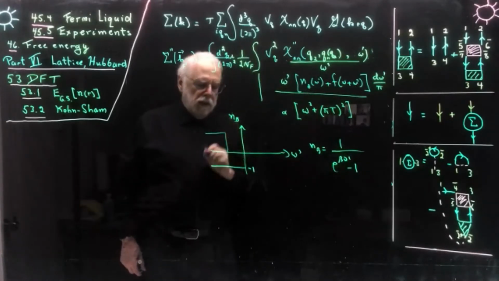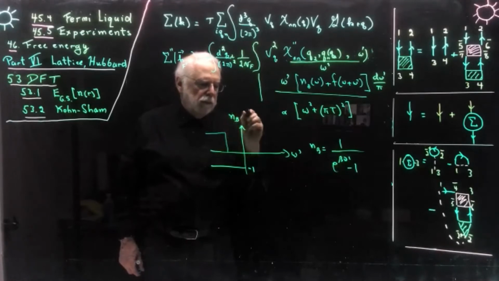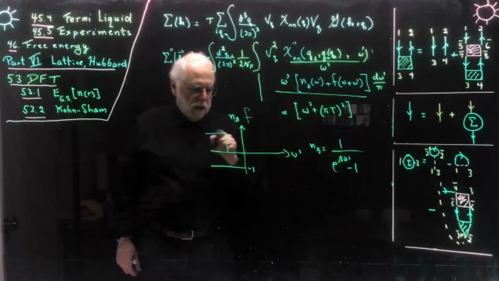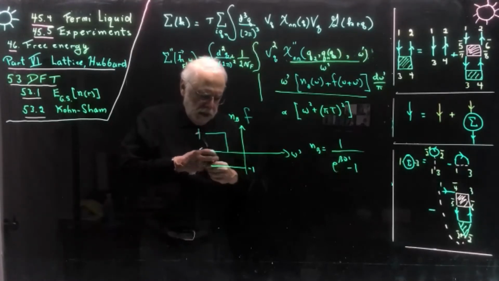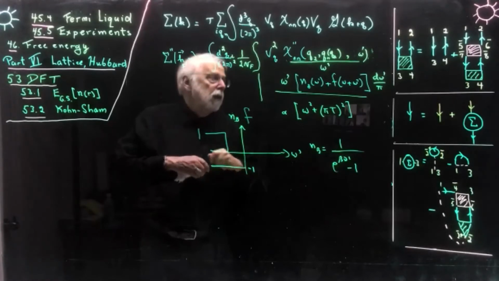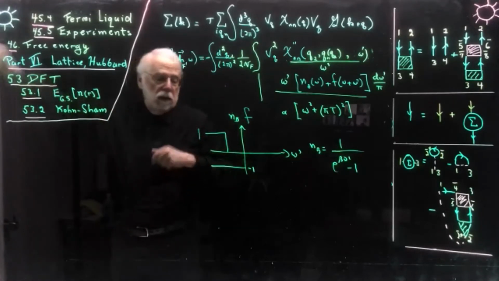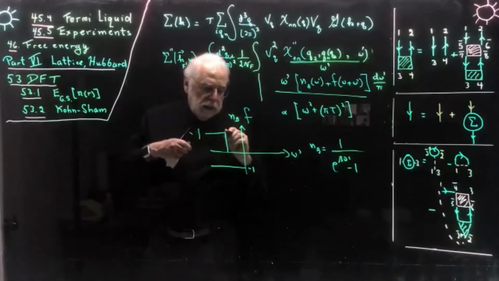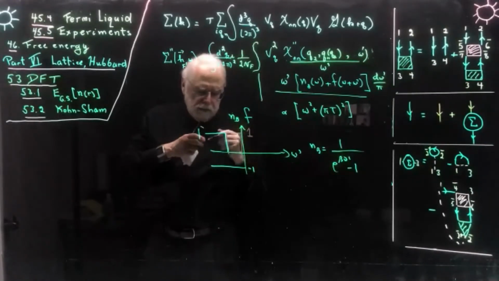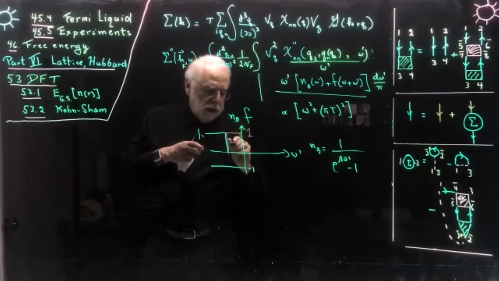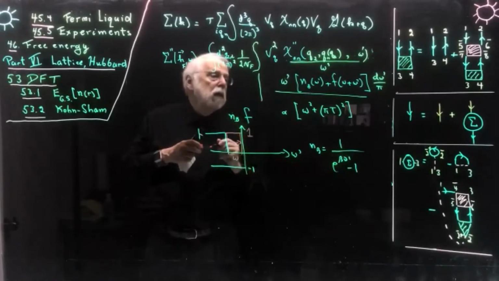the Fermi function f goes to 0. So I have 1 here, which means that the sum of the two functions is just this. So 1 here. And the window here, what is the window? The window is omega.